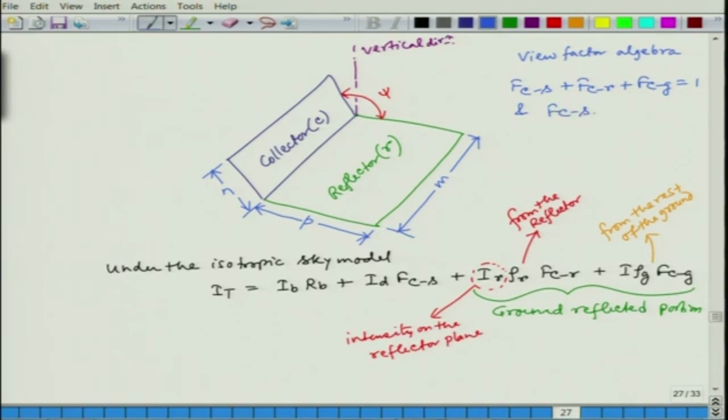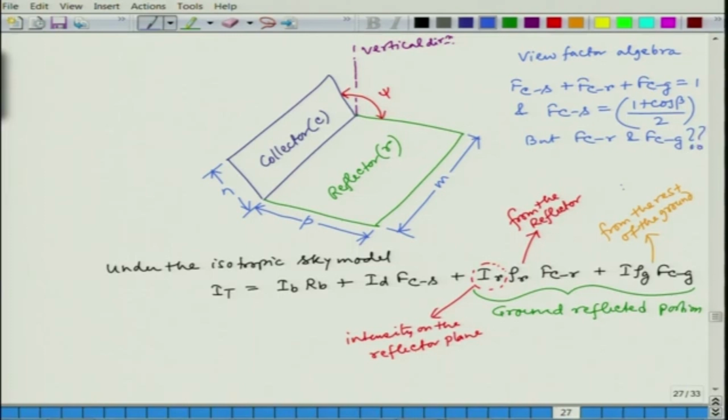FCS we have already mentioned in an earlier portion of this lecture. What we wrote? This is 1 plus cos beta divided by 2, right. But what about this FCR and FCG? FCG and FCR we do not know, right.